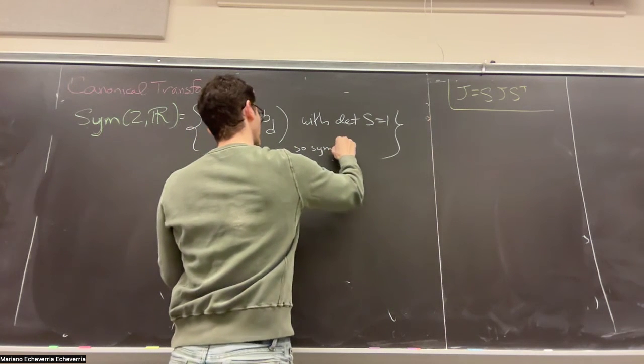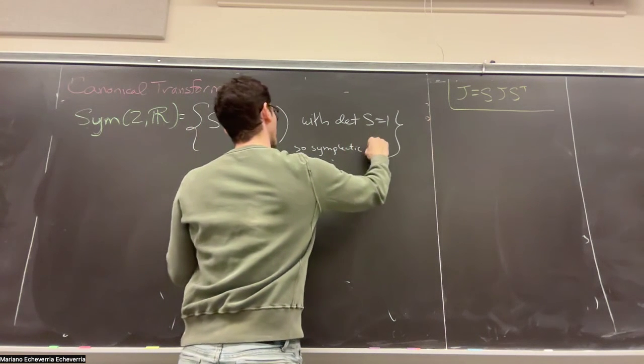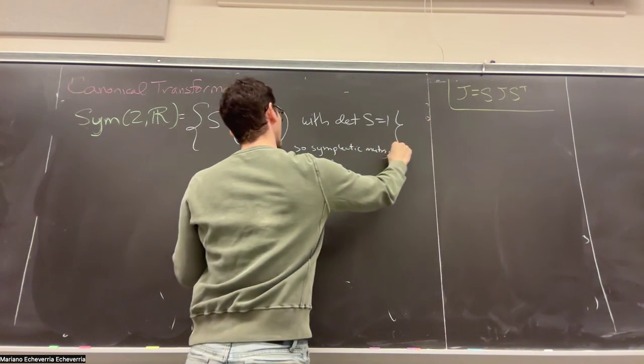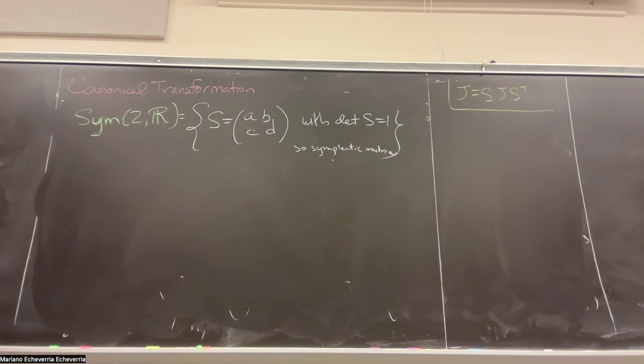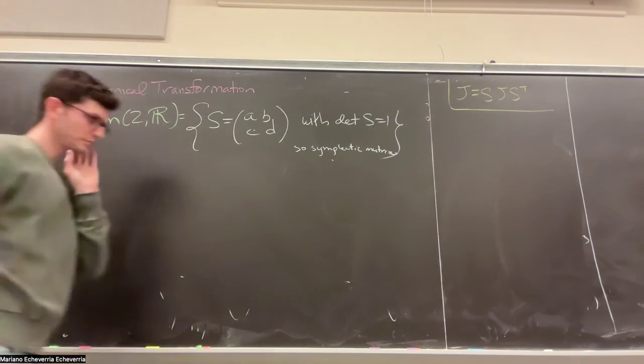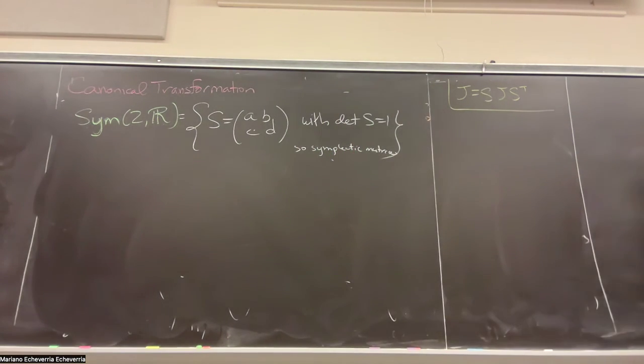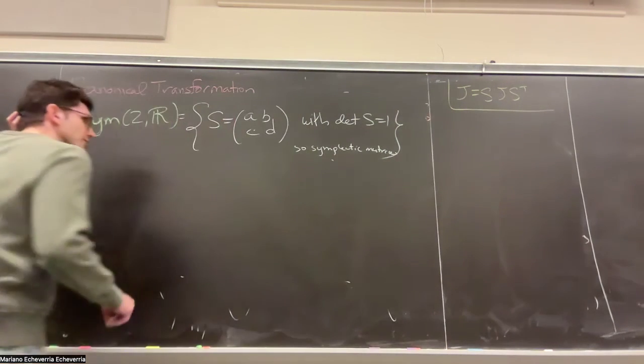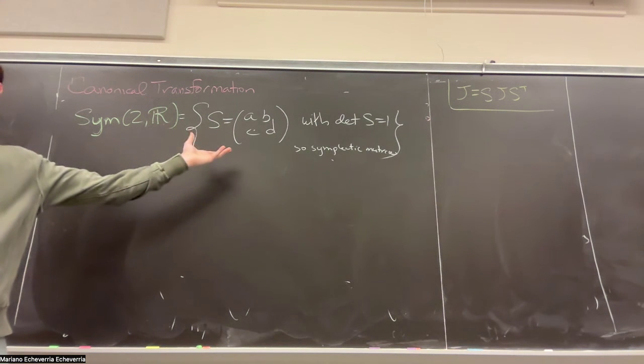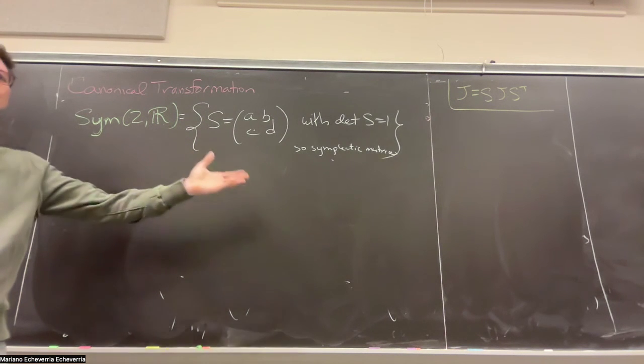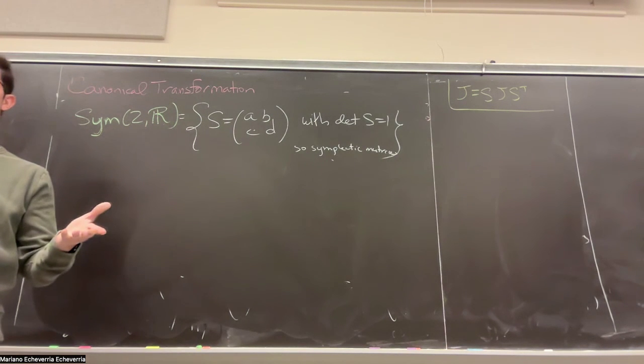But there's a more geometric way to think about it. This is a subset of all 2 by 2 matrices, but the 2 by 2 matrices can be identified with R4.